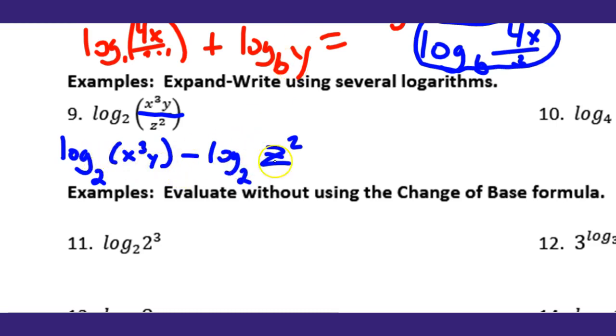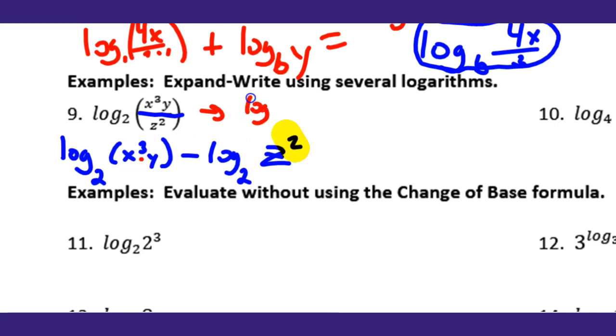Now this side, we have the product rule right here, where we're going to end up moving that 2 out front, right? But over here, see how this is multiplication, x cubed y? That's multiplication right there. So because these are multiplication, we can expand this one more time. It's multiplication, so we have addition.